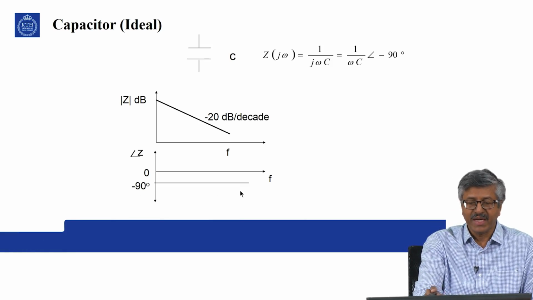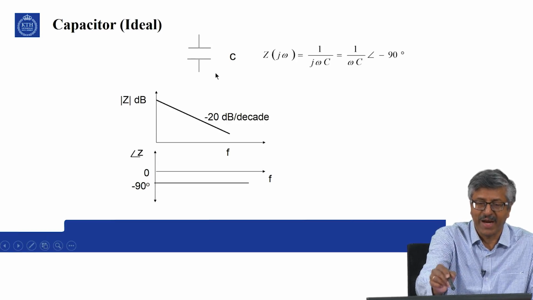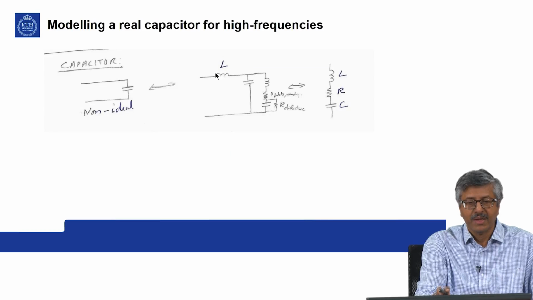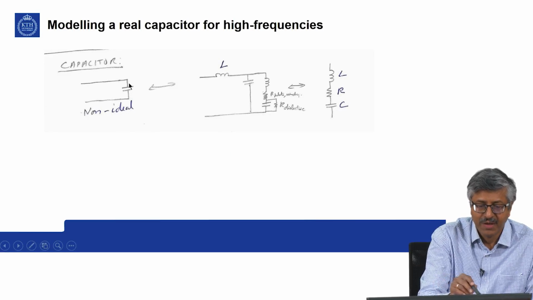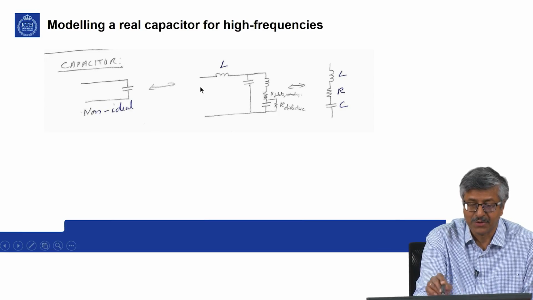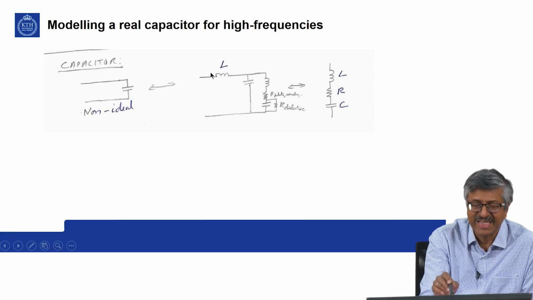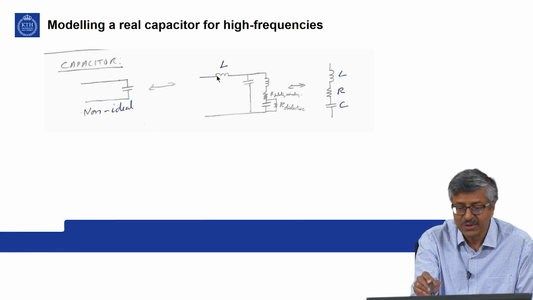Now, if you take a real capacitor, what are the other components we have to add to get the realistic model for the capacitor? So, we take a non-ideal capacitor. First of all, we take the lead parameters. You have a lead resistor also, but the impedance of the capacitor is generally so high that you can most often neglect the lead resistor, which will be very small, or combine that into the resistor of the plates and windings of the capacitor.